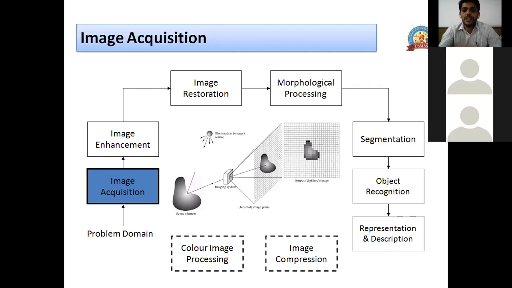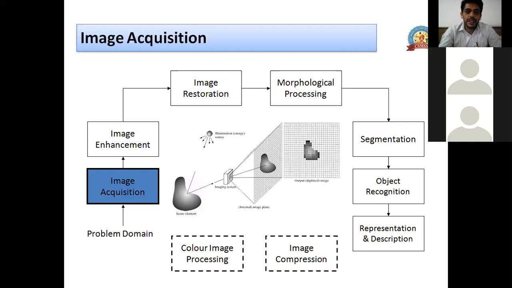For ultrasonic images, the source is ultrasonic sound. So image acquisition devices like camera, ultrasonic, X-ray or CT scan use different sources to capture the images. Always there should be some source, and there should be some scene which we are going to capture, and then we capture the image and store it.